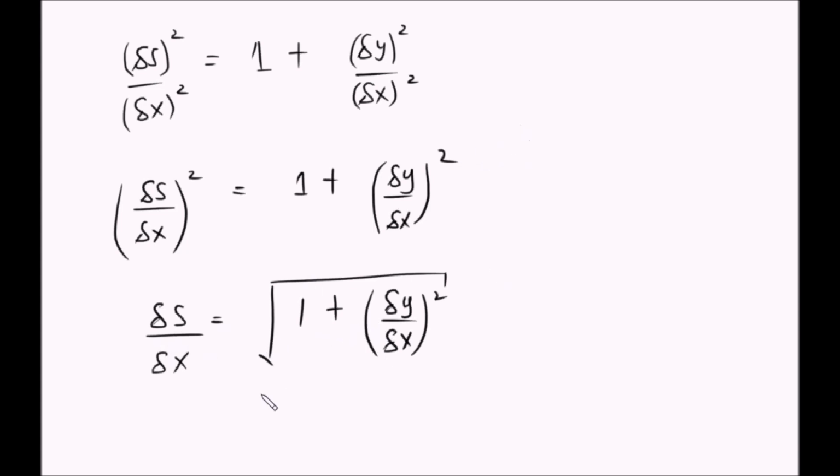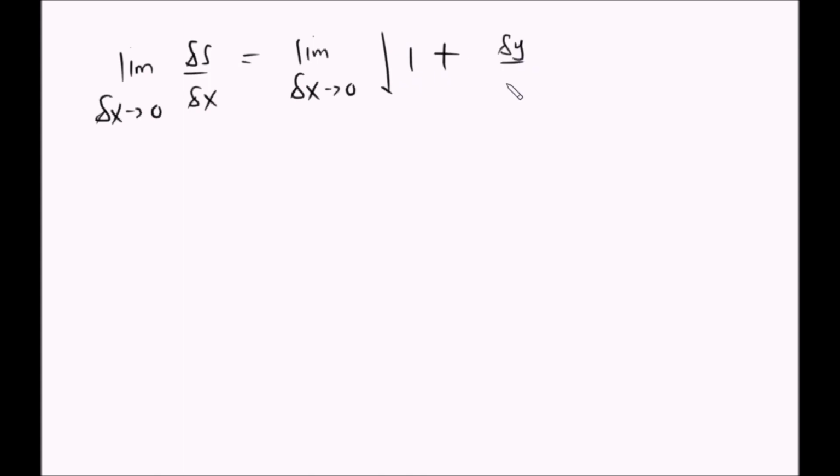So remember we have said delta X approaches 0. So here we're going to find the limiting value as delta X approaches 0 of delta S over delta X. That will be equal to the limiting value as delta X approaches 0 of the square root of 1 plus delta Y over delta X squared. So you know the definition of differentiation, you can look at the topic called incremental notation.